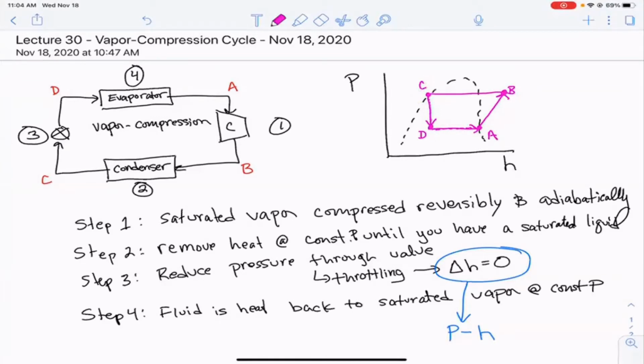And so that's one of the things also to note at state D, that it is a mixture of liquid and gas. And so if we just draw the steps, just so everybody's clear, that's step 1. That's step 2. That's step 3. And that's step 4 in our pH diagram.